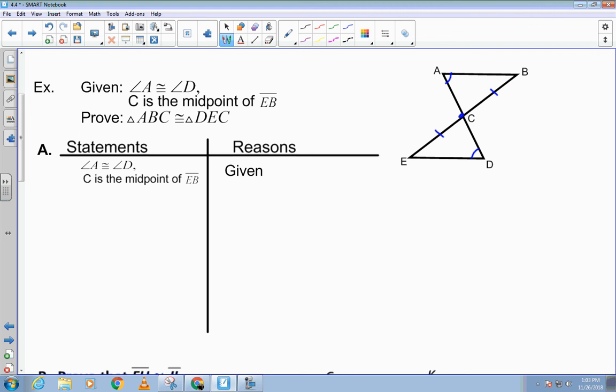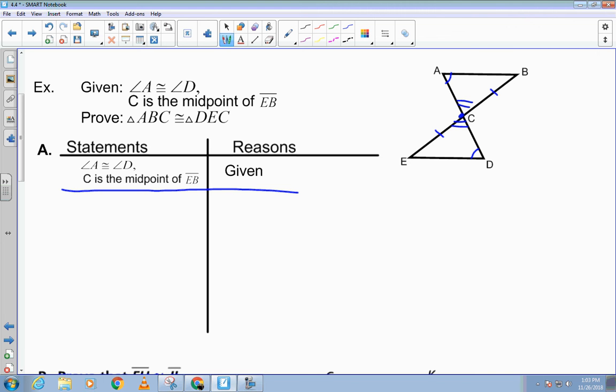Definition of midpoint. Alright? And what else? But that's all we can get from the given. Angle ACB and angle DCE. Yes, why? Vertical angles, right? Okay. So is that enough for the triangles? Yes, by AAS.